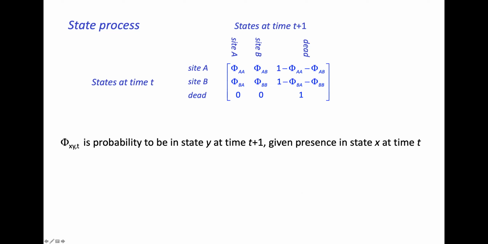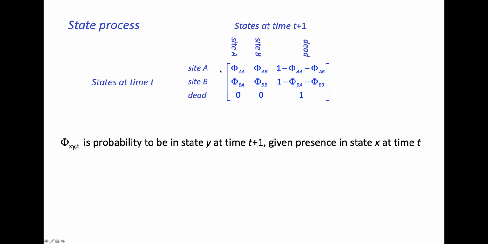So again, site A, site B, and dead. So you go from occasion t in rows to occasion t plus 1 in columns. This is important that you keep that in mind, because we will use that all the time from now on.